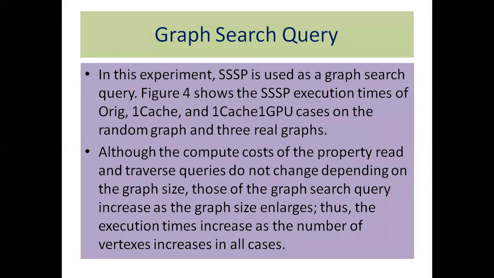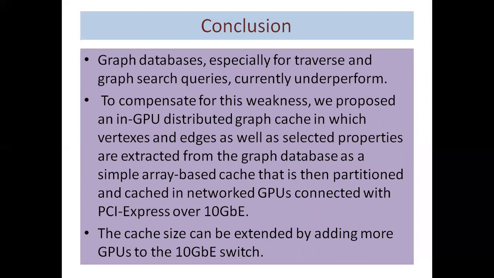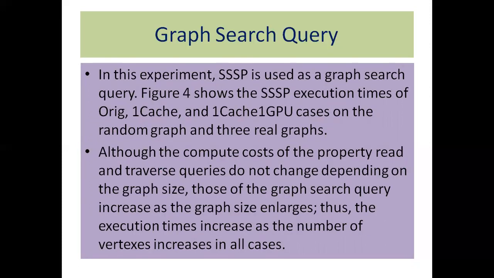Graph search query. In this experiment, SSSP is used as a graph search query. This figure shows the SSSP execution times of the one cache and one cache one GPU cases on the random graph and three real graphs. I couldn't show the picture.